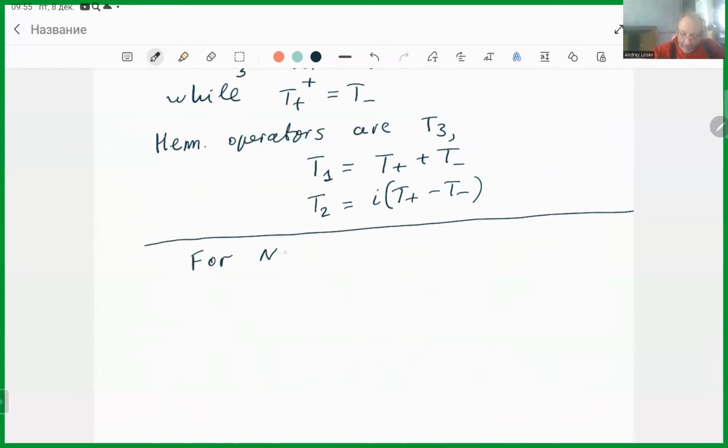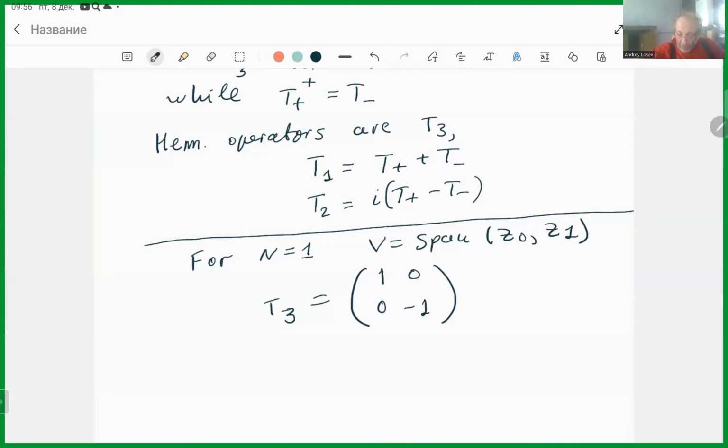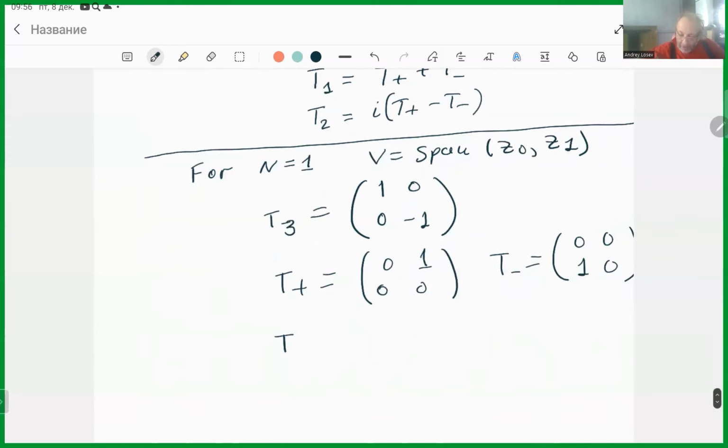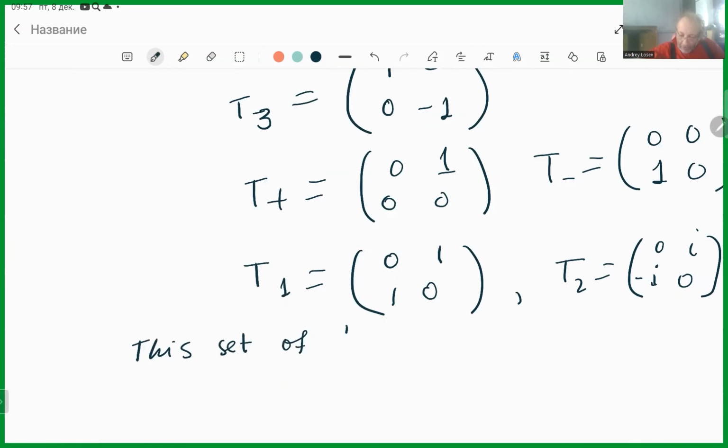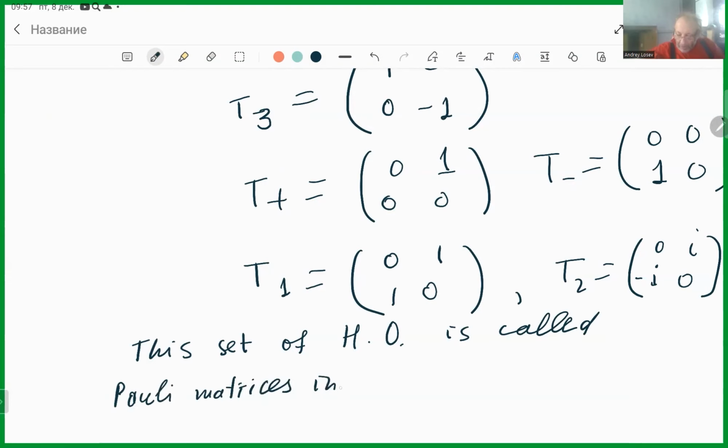For n equals 1, V is just the span of Z0, Z1, and the operator T3 is 1, 0, 0, minus 1, T plus is like this, T minus is like this, then T1 is like this, T2 is like this. This set of Hermitian operators is called Pauli matrices in the literature.